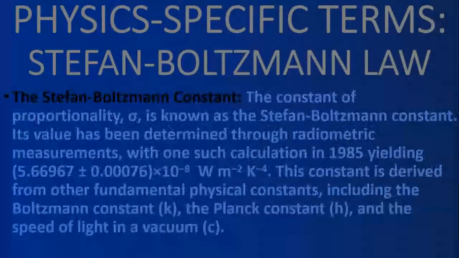All right, the Stefan-Boltzmann constant, the constant of proportionality, is identified by the variable sigma. Its value has been determined through radiometric measurements, with one such calculation in 1985 yielding 5.66967 plus or minus 0.00076 times 10 to the -8 power, W m to the -2 power, K to the -4 power.